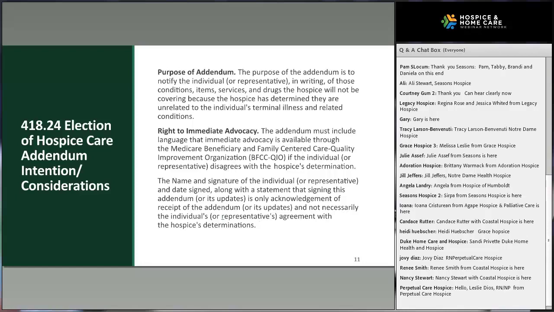So again, before there could be some confusion related to whether a drug was covered, a piece of equipment was covered, or a particular service was covered.